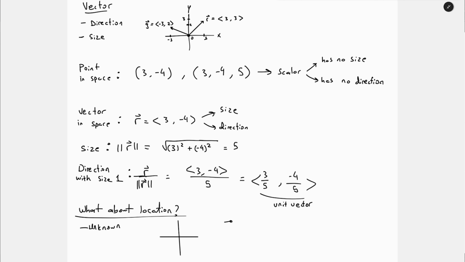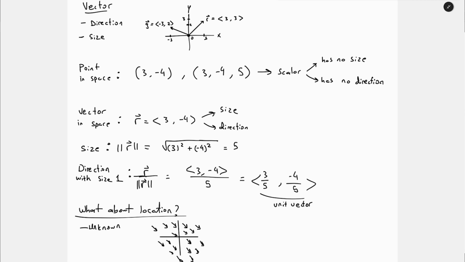We see that it's pointing a little bit to the right and a little bit down. It should be like this. This vector could be anywhere. We don't have any location for this vector. So you could think of it as everywhere. That's why I'm drawing it anywhere right now. And yeah.